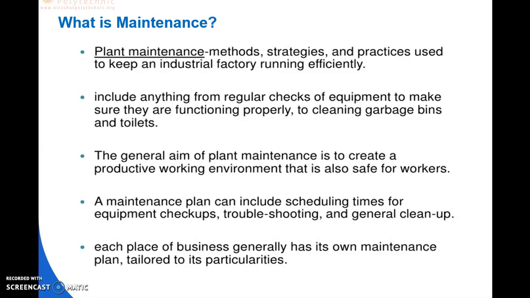Now we have to understand the definition of maintenance. Plant maintenance is the method, including strategies and practices, used for an industrial factory to run efficiently. It includes some fundamental ideas: all the machineries should be periodically checked before they function.